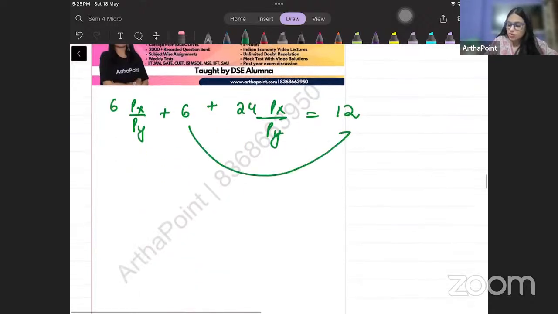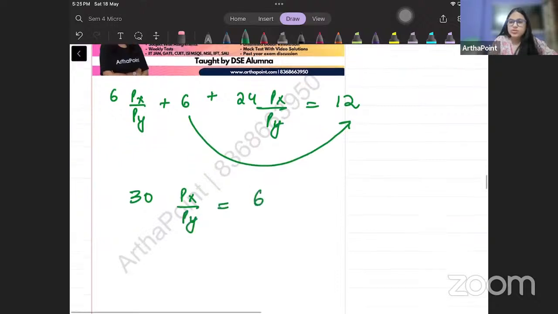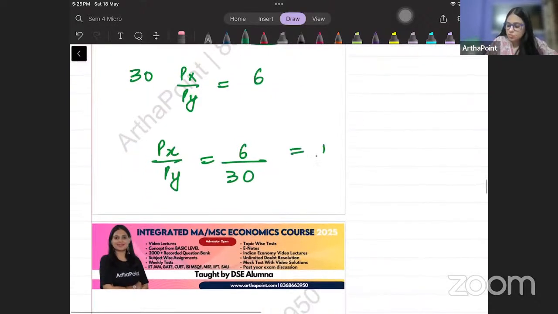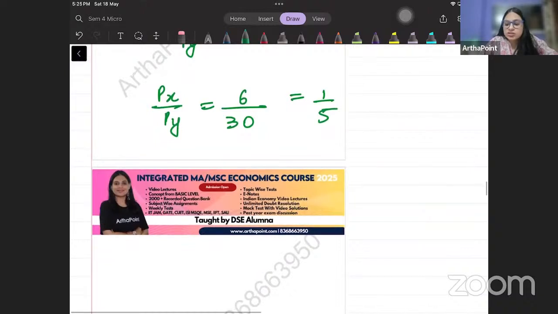So this 6 can go on the other side. So 30 px by py is equal to 6. So px by py will come as 6 by 30, that means 1 by 5. This will come out to be your equilibrium price ratio, which will be 1:5, right?